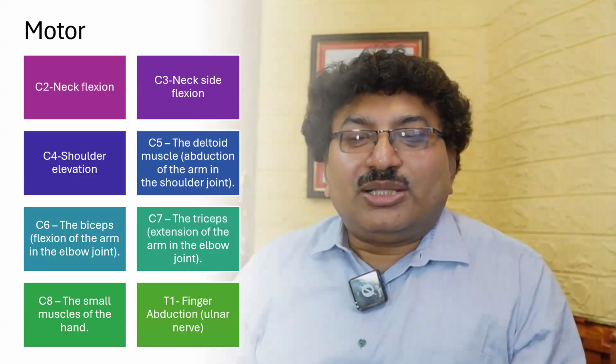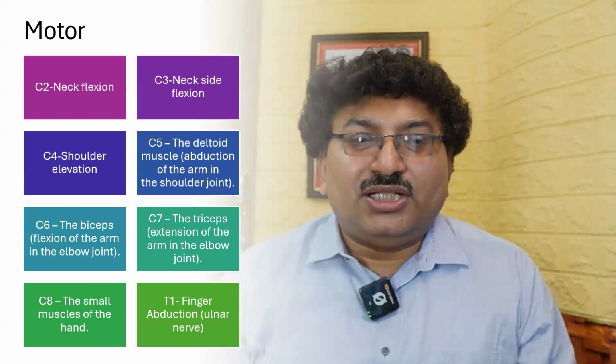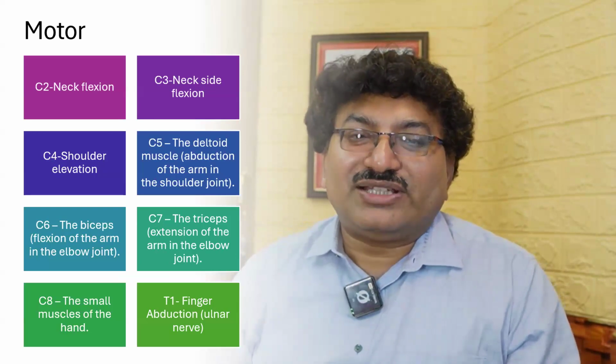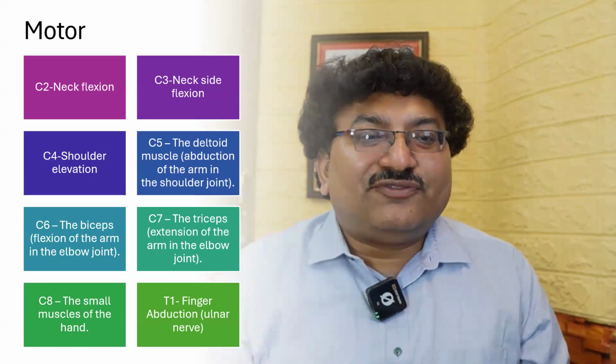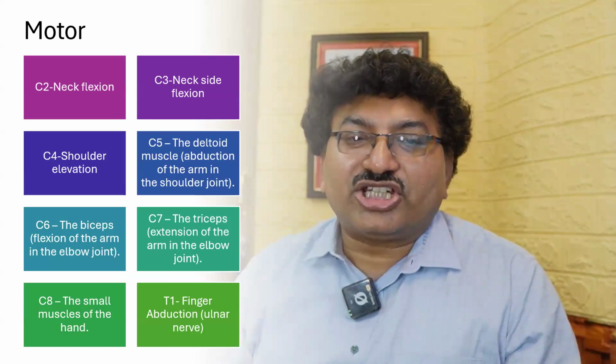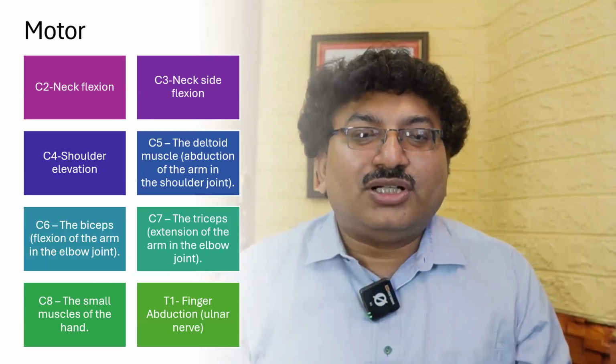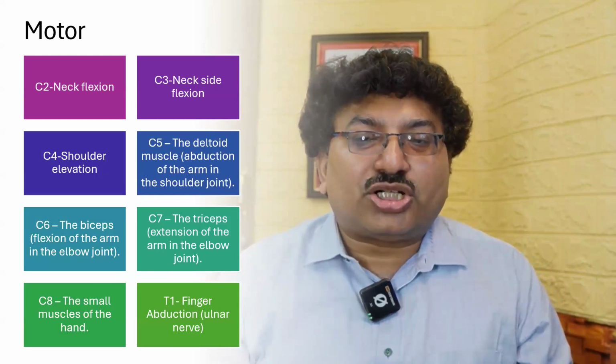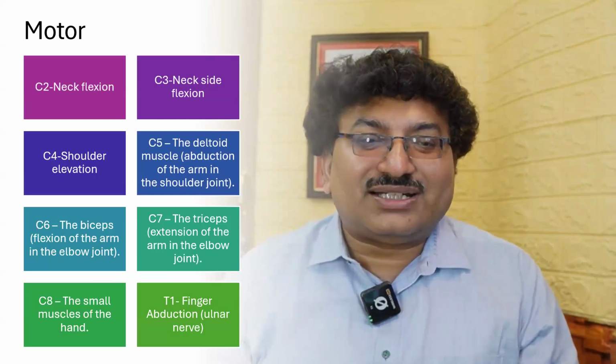Now in the motor component, if C2 is affected, mainly the neck flexors are affected. If C3 is affected, mainly the lateral flexors of the neck are affected. C4, mainly the shoulder elevation is affected. C5, there could be involvement of the deltoid muscle, and abduction of the arm at the shoulder joint could be affected.